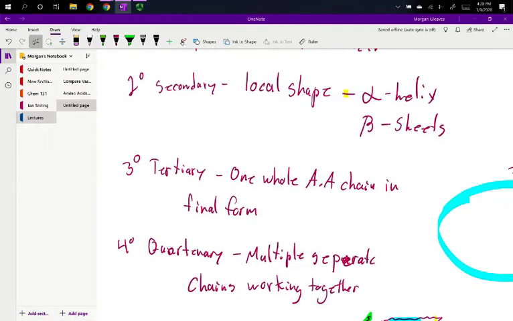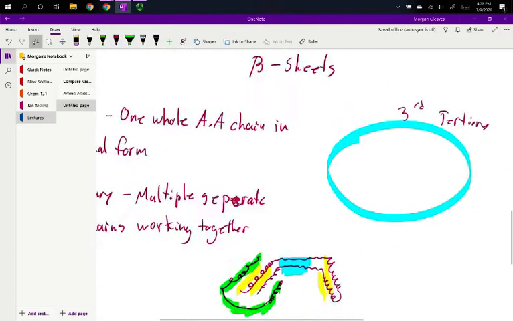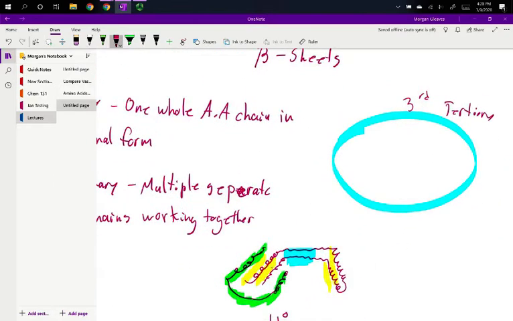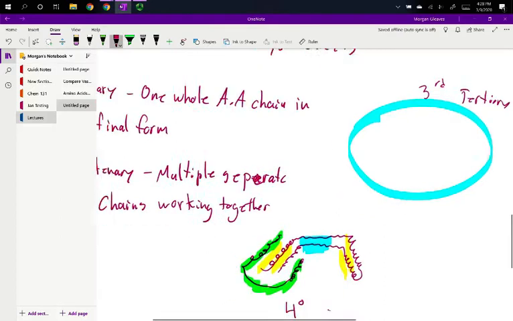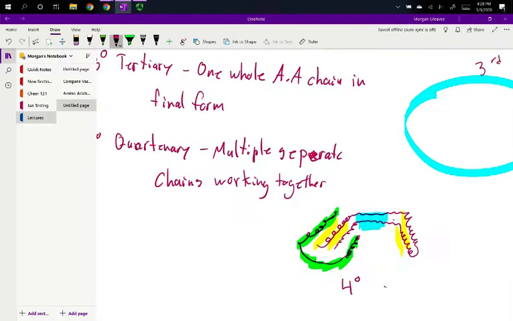We're going to dive into more shapes and what they do and how they work to make those large complex shapes. But your primary strand curls into secondary elements, like the alpha helix and beta sheets. Those then twist around and interact with each other to become your overall tertiary protein structure. And if you need several proteins that come together to do the job, whatever that job might be, then you have a quaternary structure.